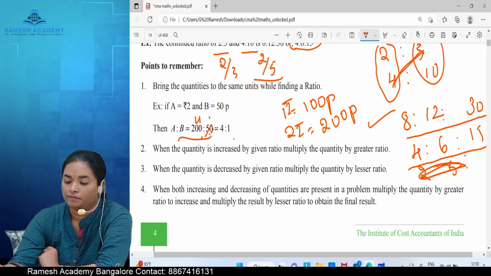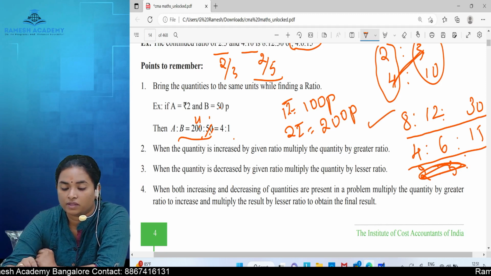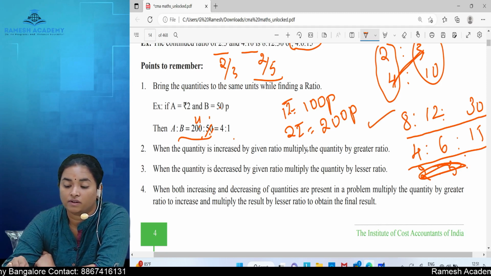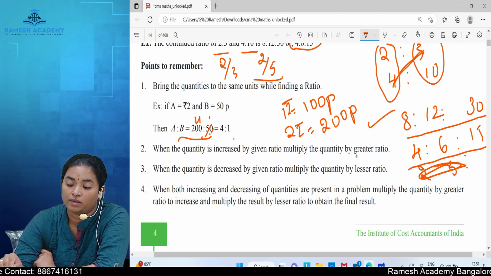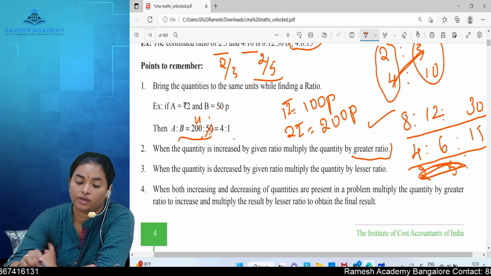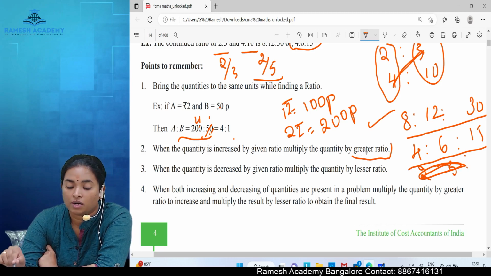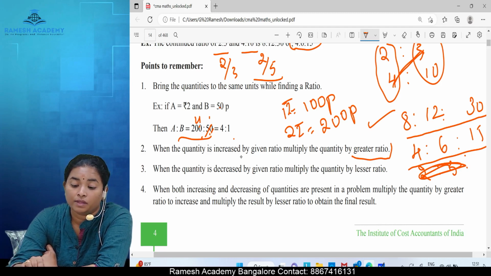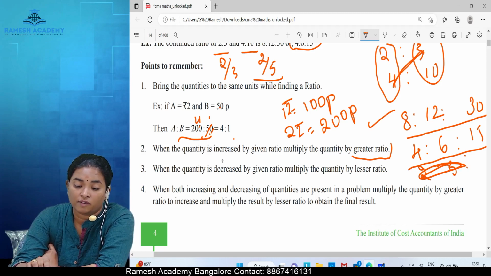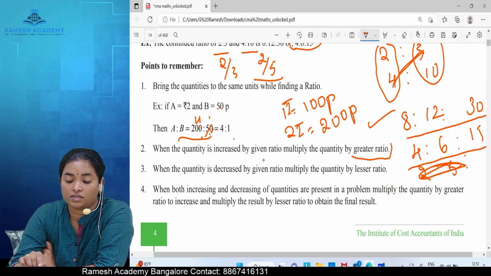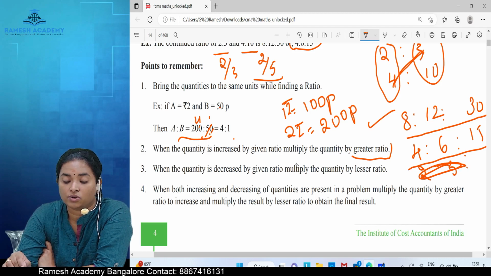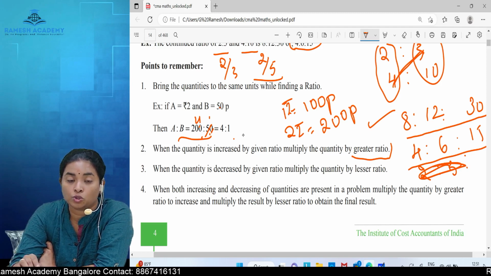This is done. Next, when the quantity is increased by a given ratio, multiply the quantity by the greater ratio. It means when you have some value, 2, and it is increased with the given ratio, you just multiply by 2.